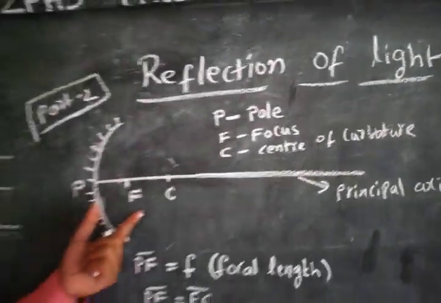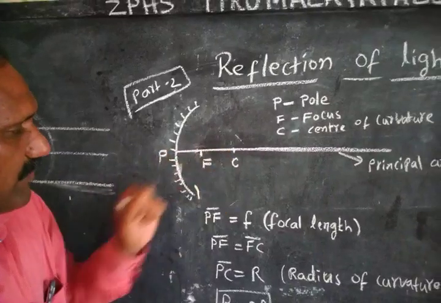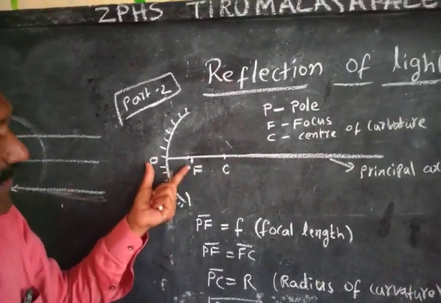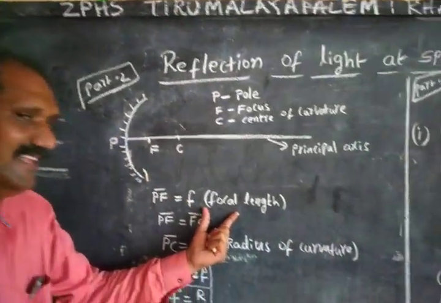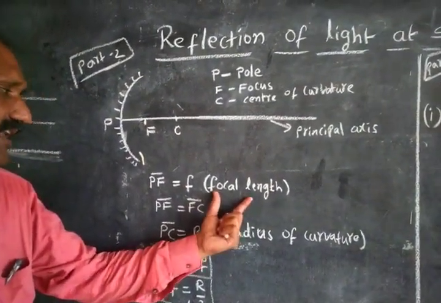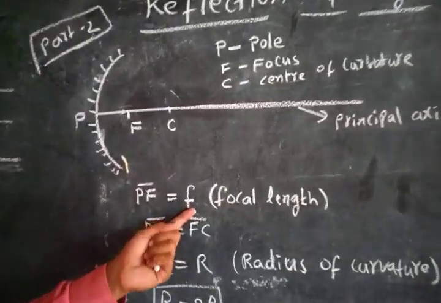Now I told you that F is the midpoint of P and C. This PF distance is called the focal length. It is shown by small f.